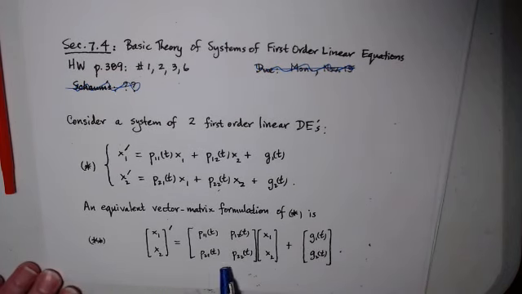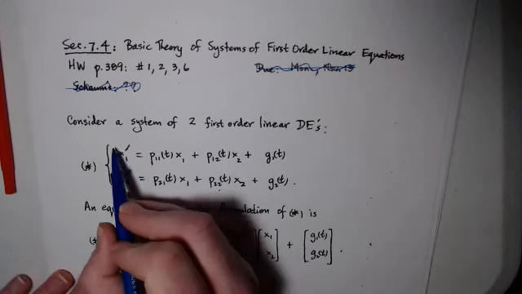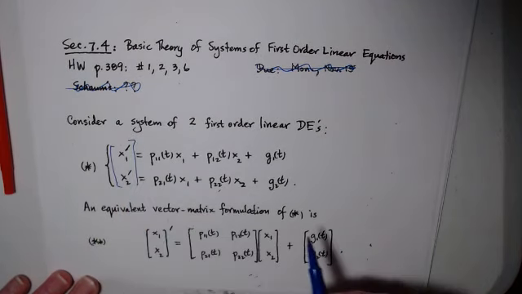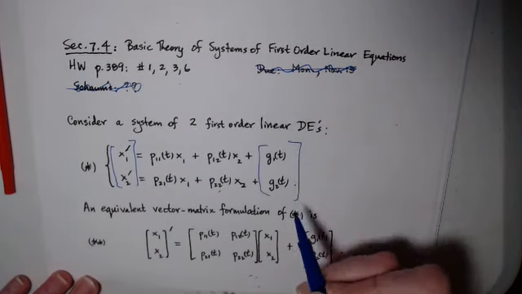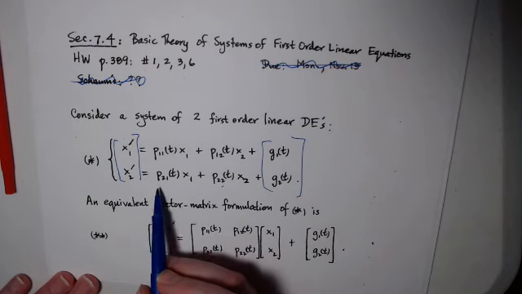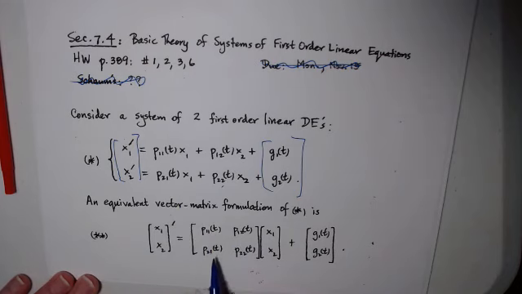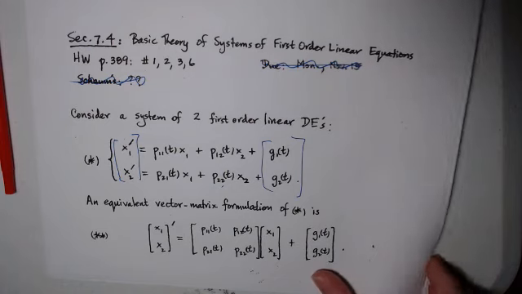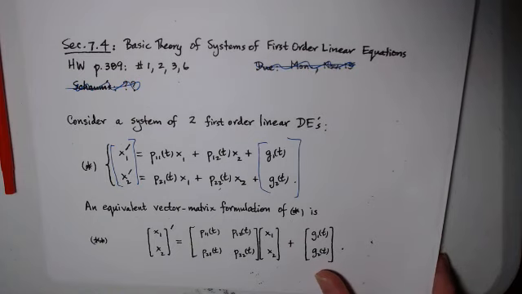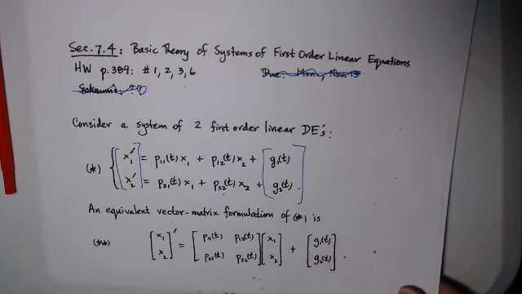We can write them in vector matrix form by creating essentially a vector from this and this, and then recognizing that this is the matrix P11, 12, 21, 22 times the vector x1, x2. So we did something like that at the end of the last class, but without it being a differential equation.